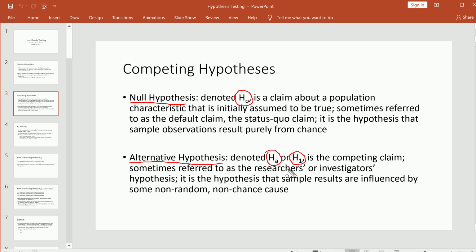So this is the value of the population characteristic in question that is initially assumed to be true. It's the default. Okay? The alternative is more the competing claim, and it's sometimes called the researcher's or investigator's hypothesis. Okay? And as you're going to see, the burden of proof is going to be on the alternative hypothesis in order to debunk the null. Makes sense, right?